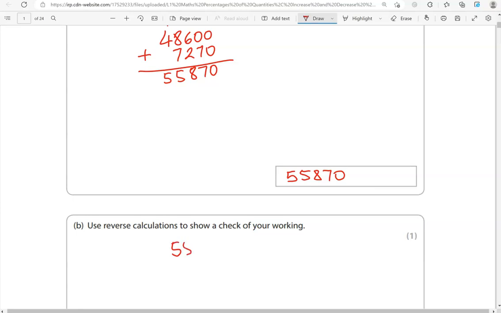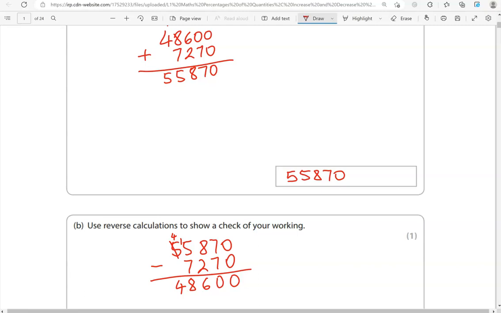So I'm going to do 55,870, take away 7,270. 0 take away 0 is 0, 7 take away 7 is 0, 8 take away 2 gives me 6, 5 take away 7 means I've got to borrow 1 from the 5 here, and this becomes 15. 15 take away 7 gives me 8, 4 take away 0 gives me 4.